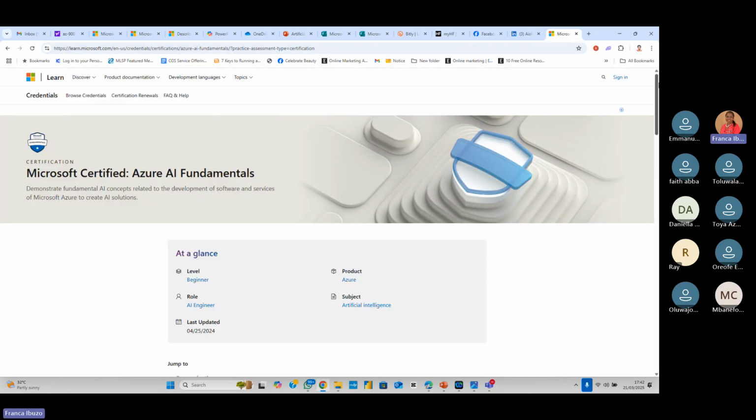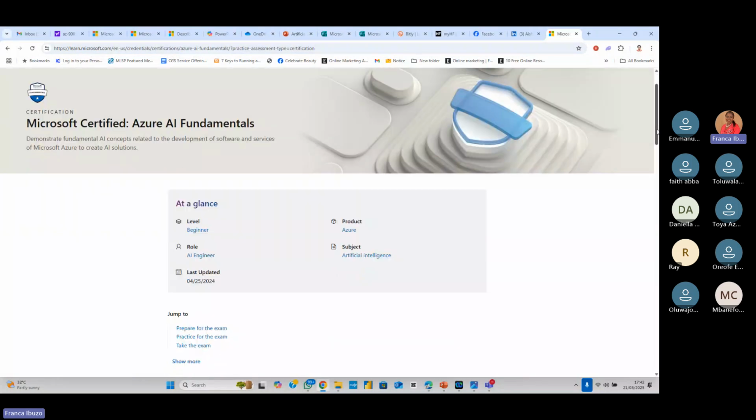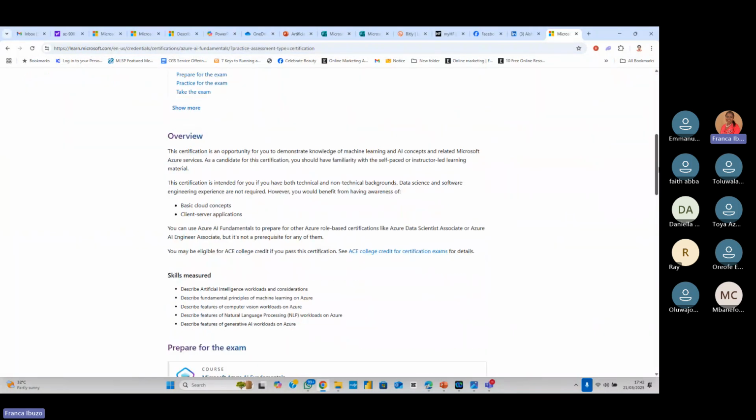I already showed you how to go to your learning path. Once you go to Google and type AI 900, you get to your learning path. So this is your learning path.